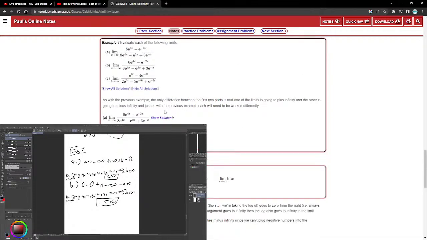Okay, wait. So for this, you're finding a positive infinity. You're going to factor out the e to the power of 4x from the top and bottom.